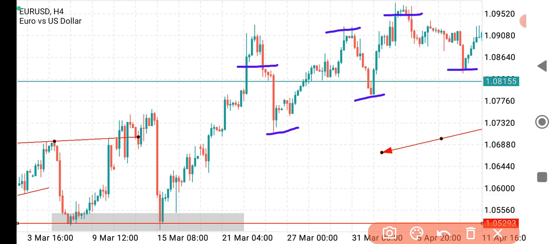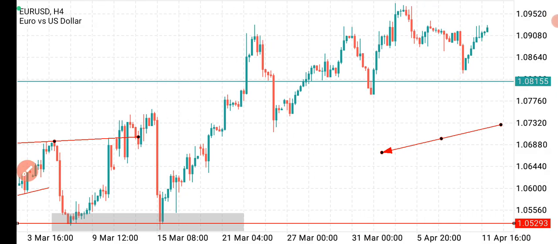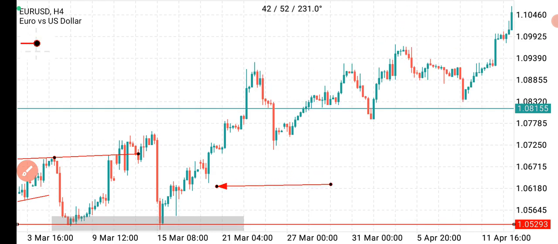So how do you continue in this trade? Now, if you have missed this entry, this is another entry. How do you make your entries around this region?